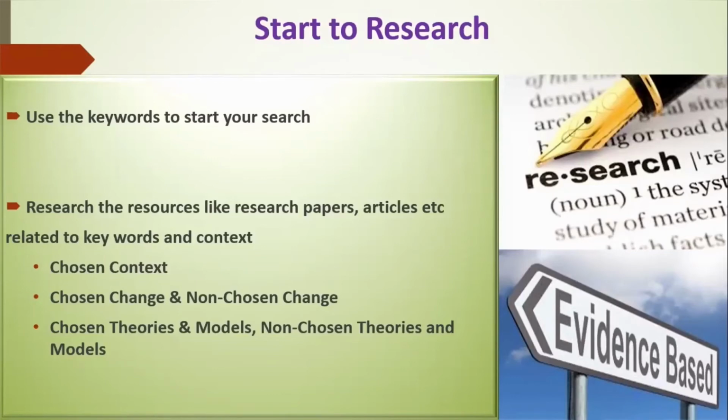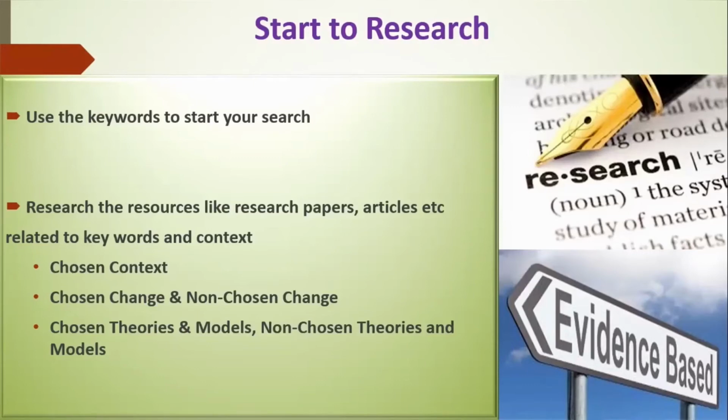And the chosen change, that organizational change, remember the keyword. Non-chosen changes also you have to explore so that you can compare. When you're critiquing the article, you can critique on both sides.